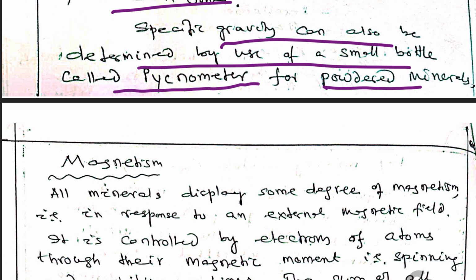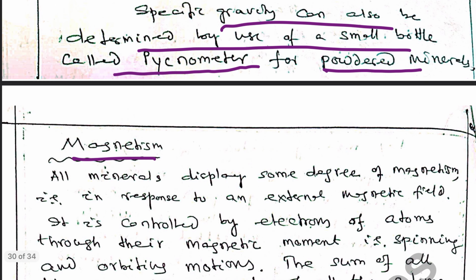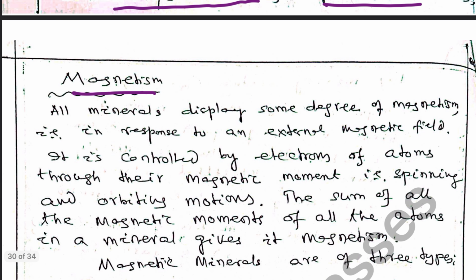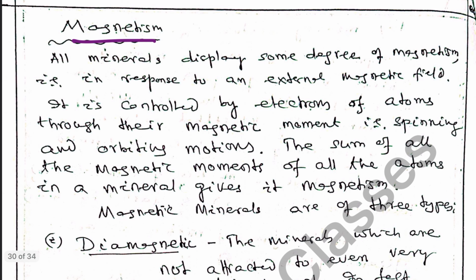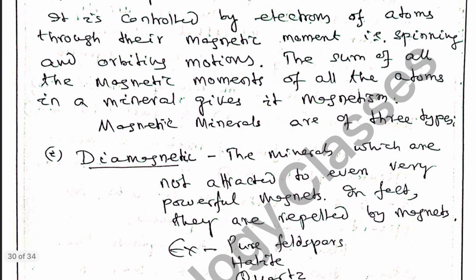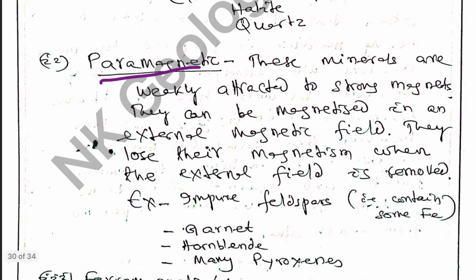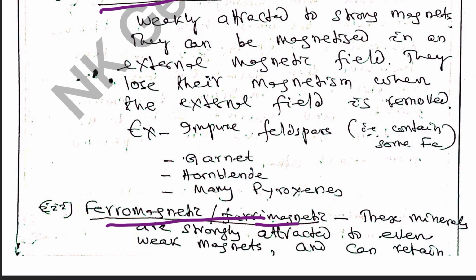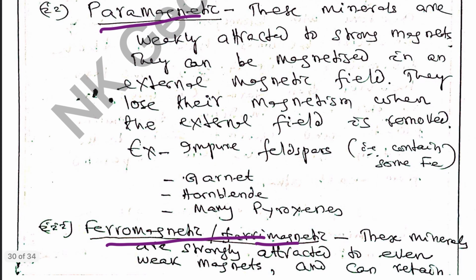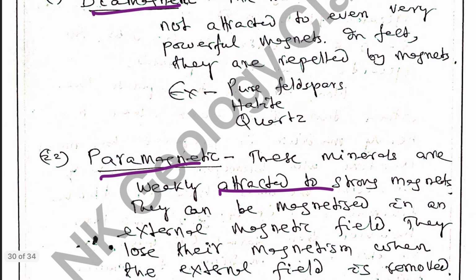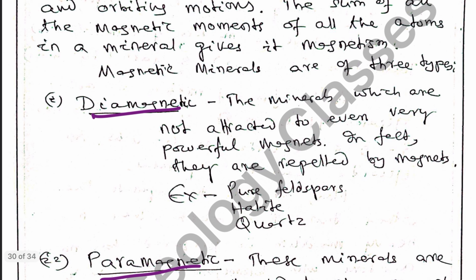Now, let me discuss some other properties such as magnetism. There are some minerals which are highly magnetic, and some which are susceptible to magnetism, and accordingly we have diamagnetic minerals, paramagnetic minerals and ferromagnetic or ferrimagnetic minerals. Ferromagnetic minerals are highly magnetic, paramagnetic minerals are weakly attracted towards a magnet, and diamagnetic minerals are not attracted to a magnet.